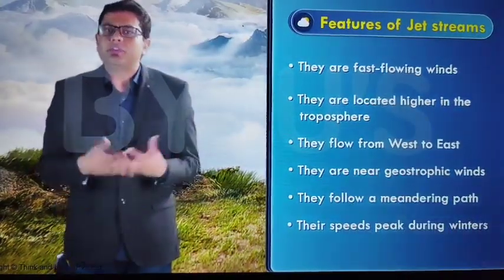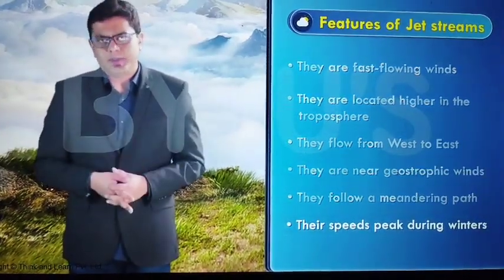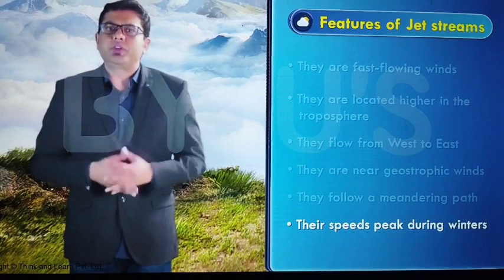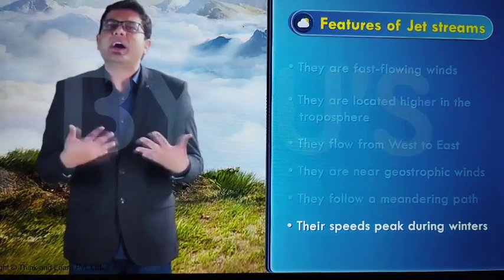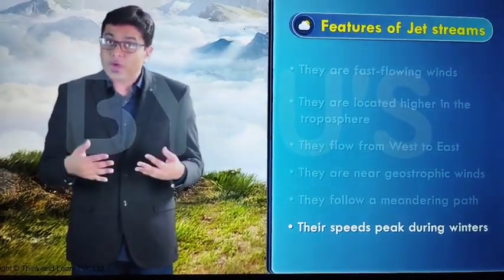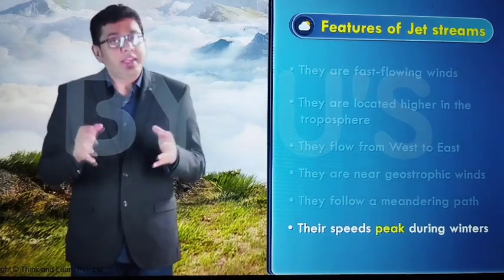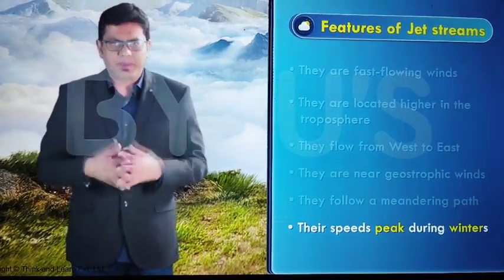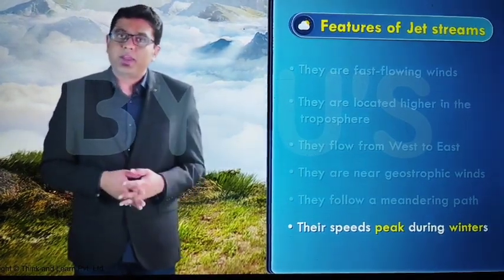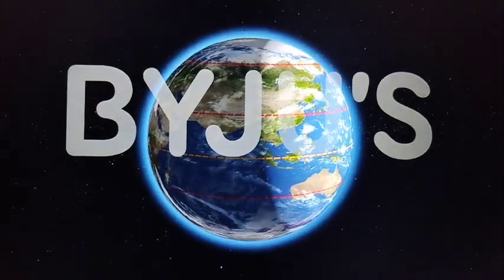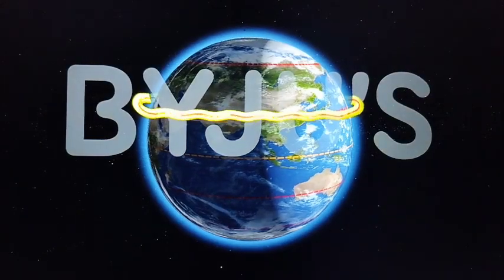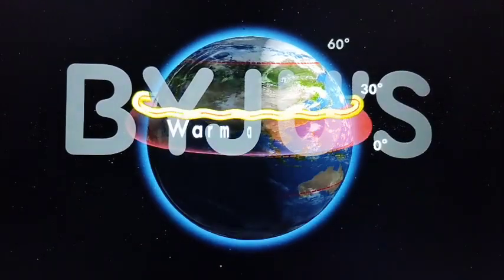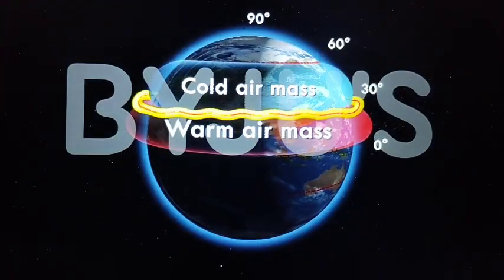Now, let us move on to the next feature. We know that jet streams are winds with high speed, but usually their speeds peak during the winter months. Now, why does this happen? Well, as we have seen, jet streams are formed due to the interaction between the warm and the cold air masses.